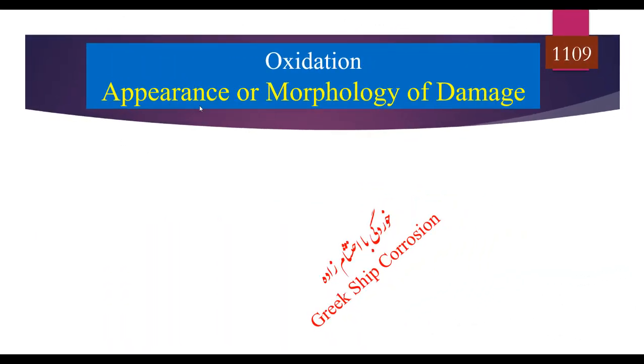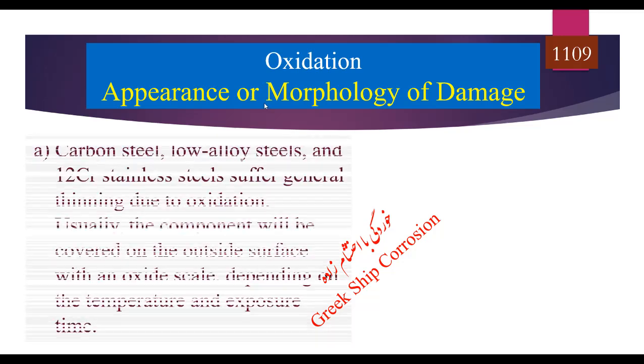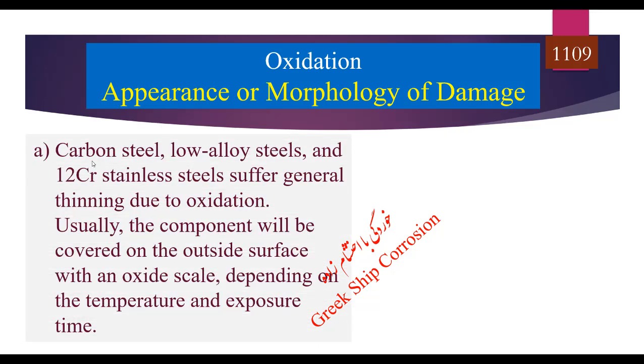Appearance or morphology of damage. A. Carbon steel, low alloy steels, and 12 chromium stainless steels suffer general thinning due to oxidation. Usually, the component will be covered on the outside surface with an oxide scale, depending on the temperature and exposure time.